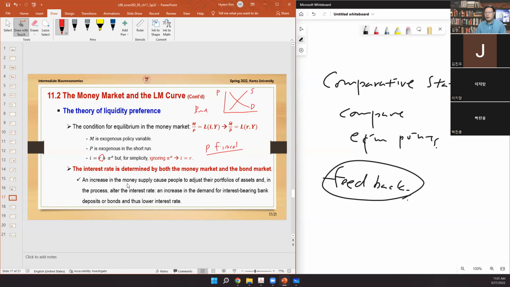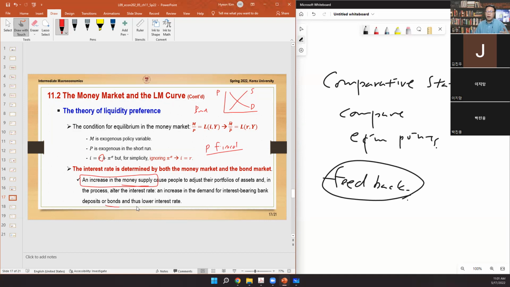And in this case, increasing money supply means, as our textbook explains, they will be looking for an additional chance of earning extra money, to invest in some interest-bearing deposit, or they would like to buy bonds.